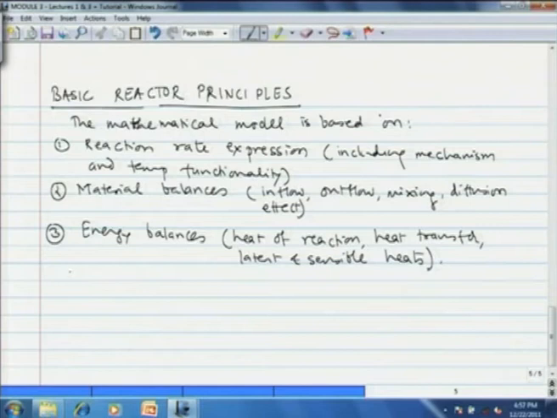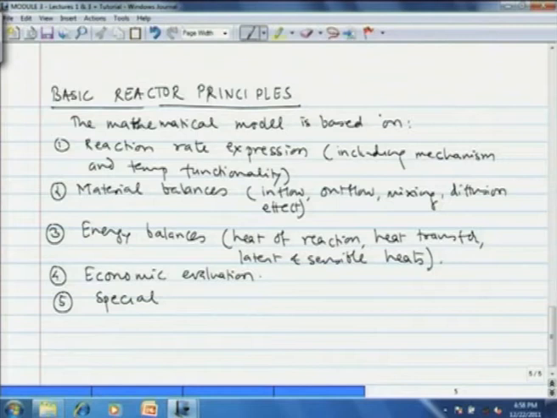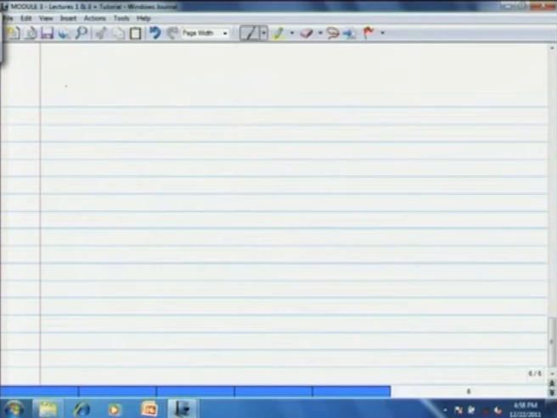Then the economic evaluation, and finally the special constraints on the reactor or the design system. So, this is how we should proceed for developing the mathematical model. We have to account for all these factors. The first step will be the material balance.